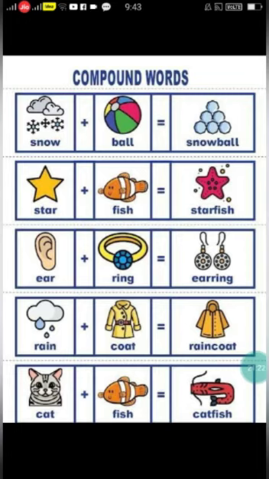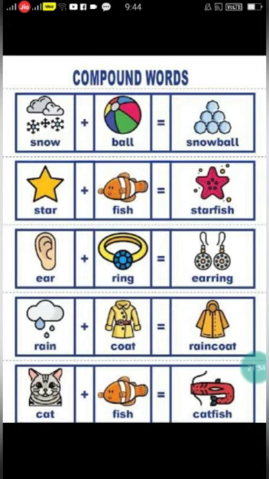Here two different nouns, when we join them, became a single noun, that is snowball, which is called a compound word. Next, star plus fish. Star is a thing, fish is an animal, right? So star plus fish means starfish. So two different nouns, when we join them, give us a compound noun.